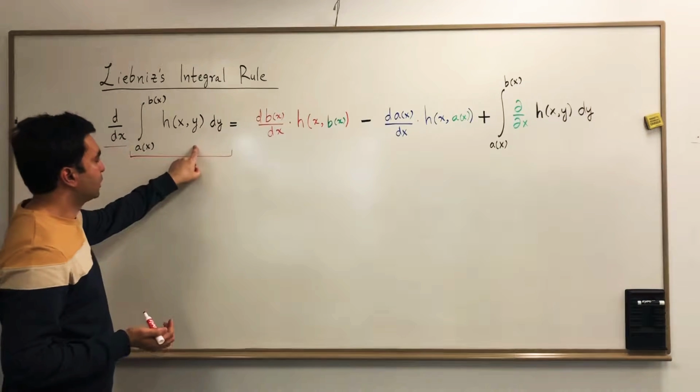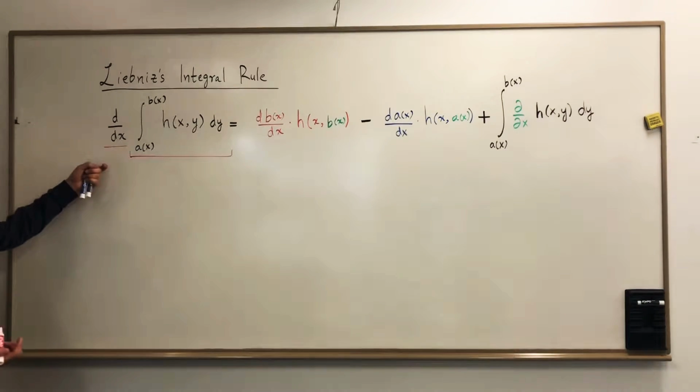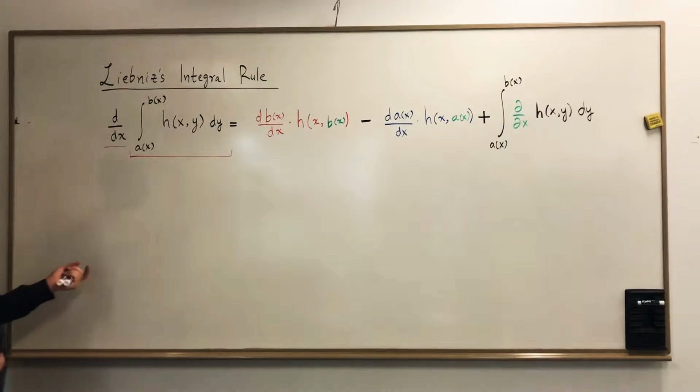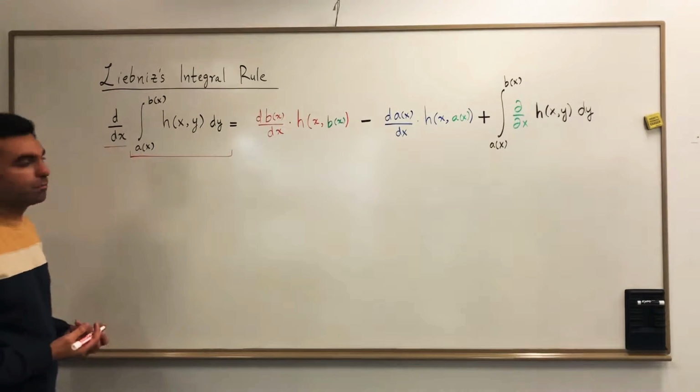of some function h(x, y) with respect to y, and you want to take the derivative of this integral, one way to do it is you first compute this integral and then take the derivative.